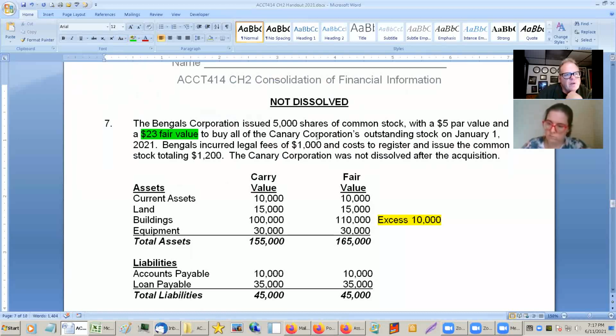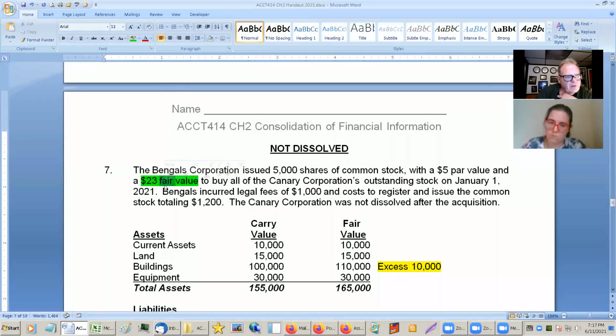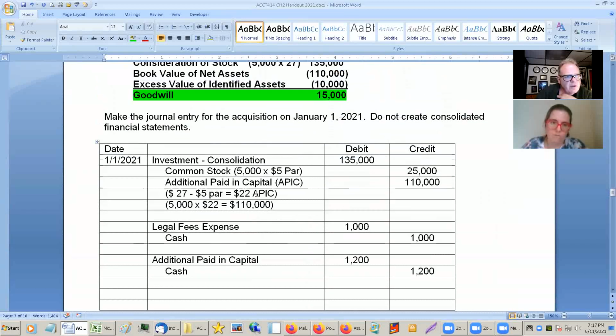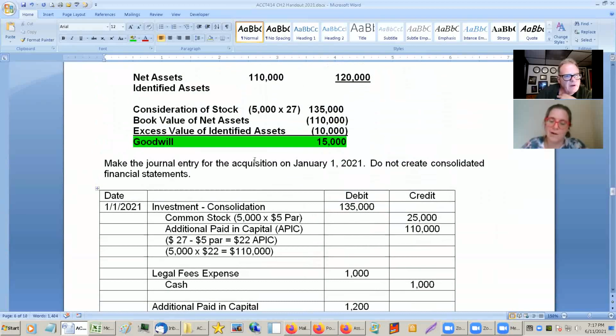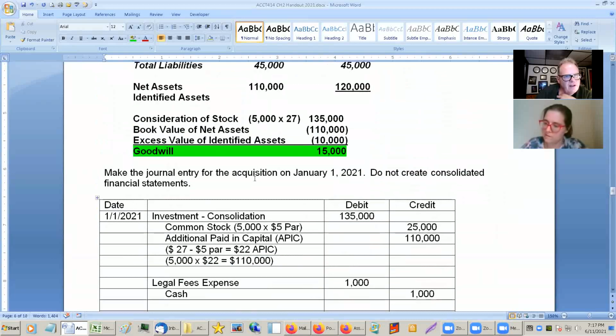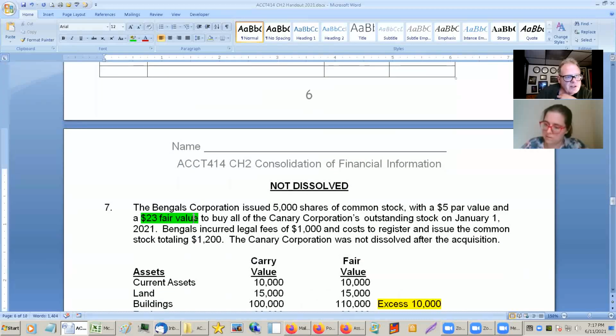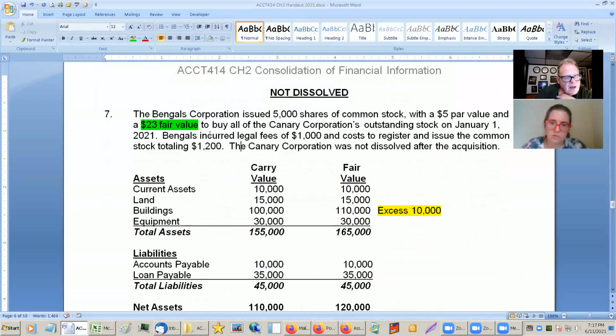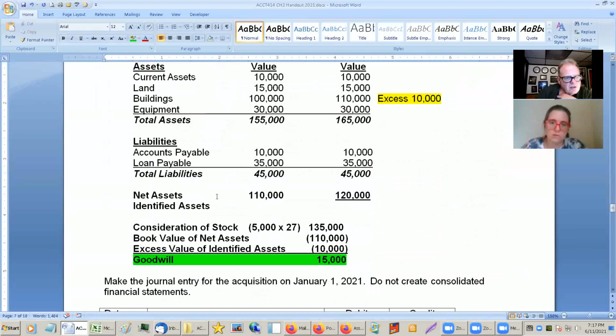Okay, so in this case, the fair value was $23. That's where you got the 23 from. Okay, so this is $23. So here's the thing: 5,000 times 23.